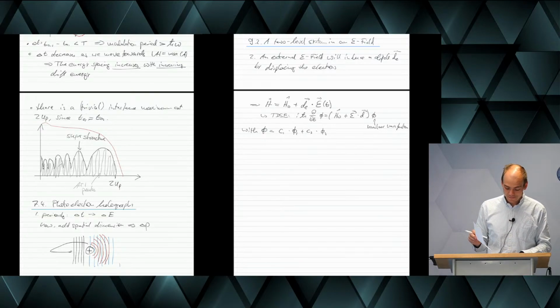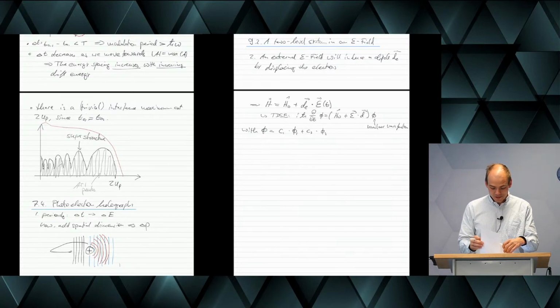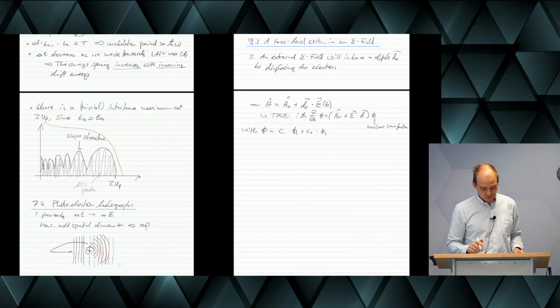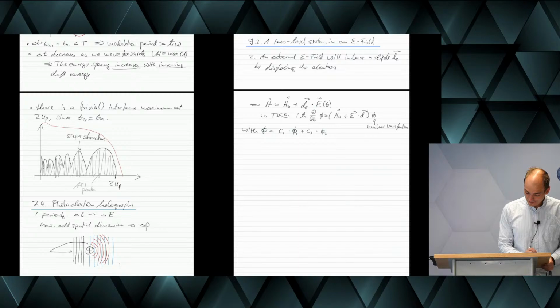And now it can be shown, I don't have time to go through this, that the Hamiltonian can be written in the following way. You will find this in the script.